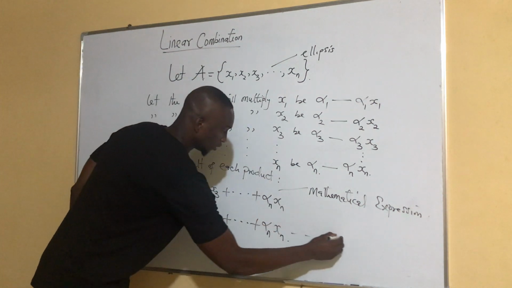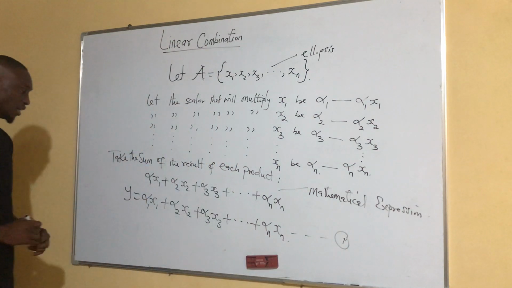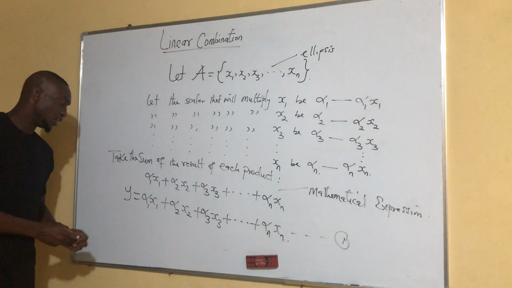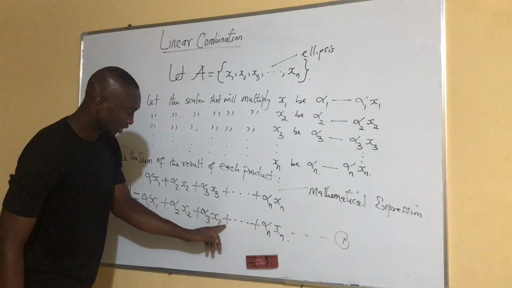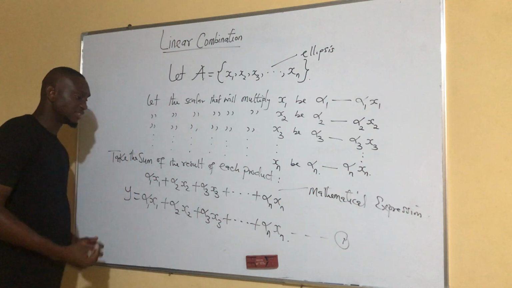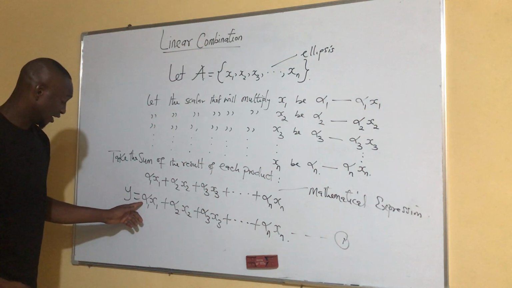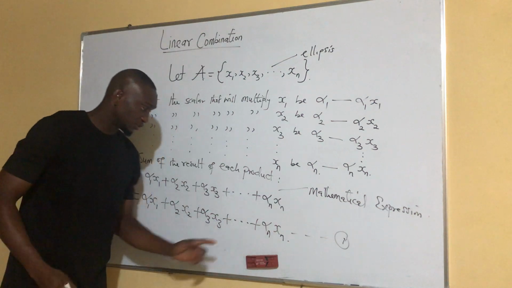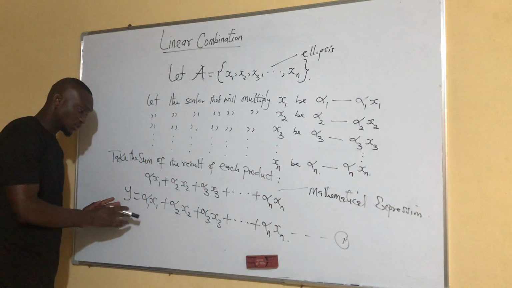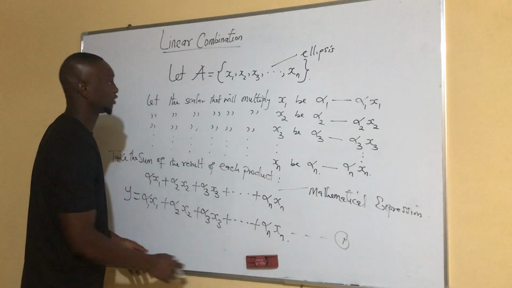Call this equation 1. Then we say that y is a linear combination of x1, x2, x3 to xn, because there are scalars alpha 1, alpha 2, alpha 3 to alpha n, such that y is equal to this particular expression.